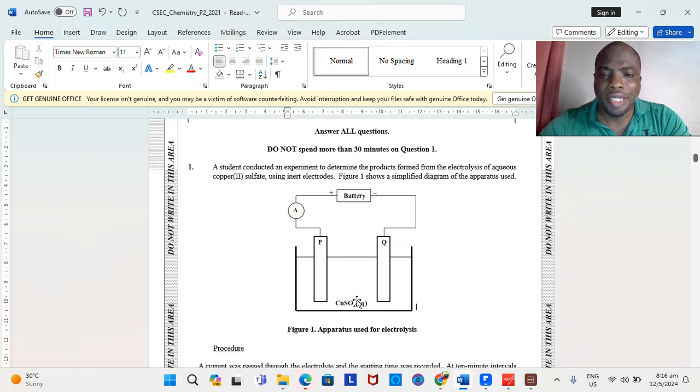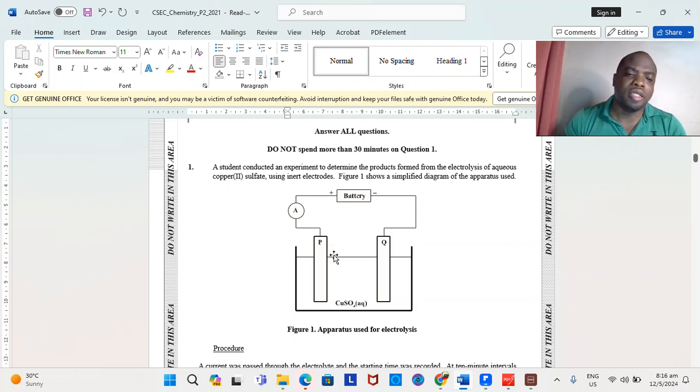Now, when you use aqueous, it doesn't only have those cations present, and I think questions that follow will probably even ask you things like that. But just to give you an idea, a little recap of electrolysis. So in this case, the electrolyte, we're seeing P and Q, and these would have been considered as our electrodes, and their function is to carry current into and out of your electrolyte.